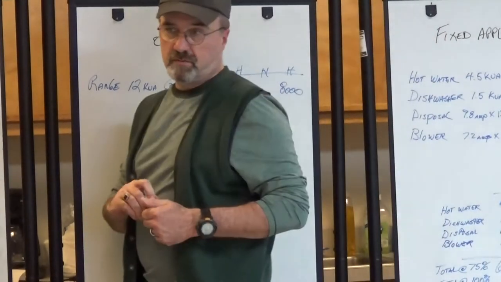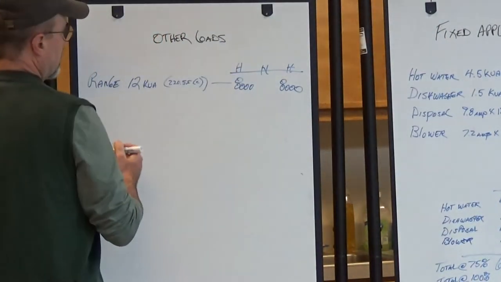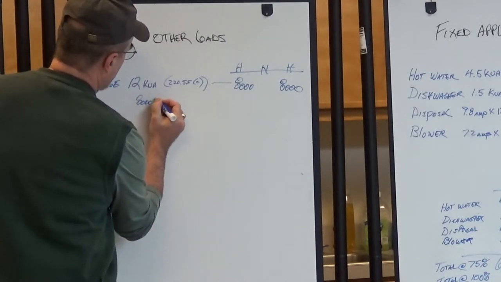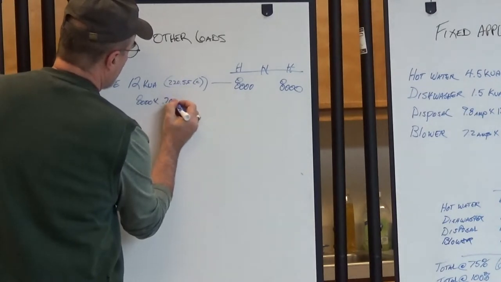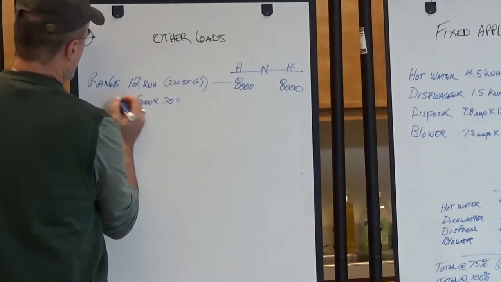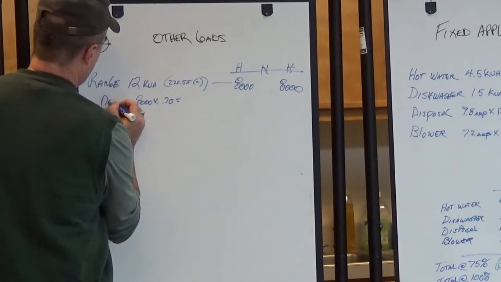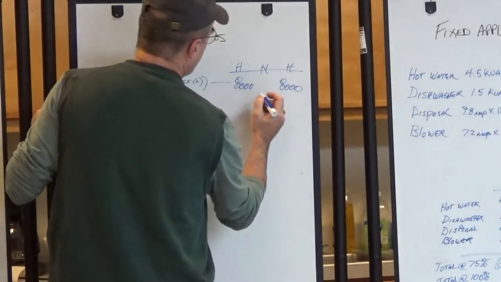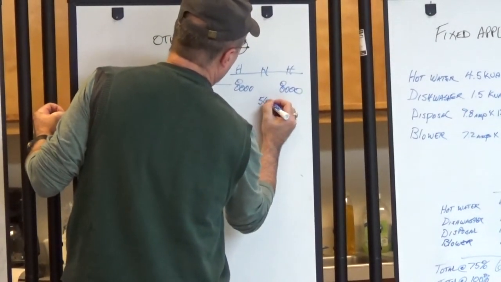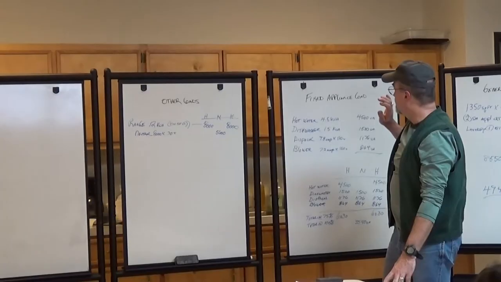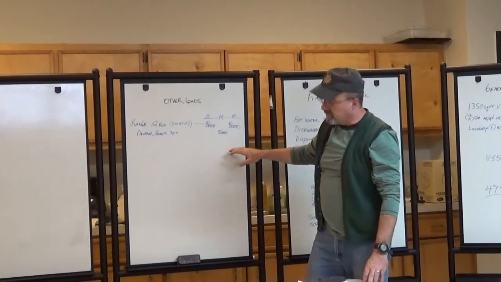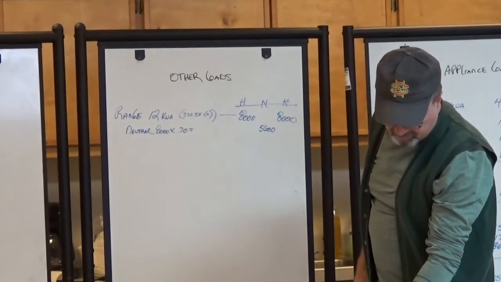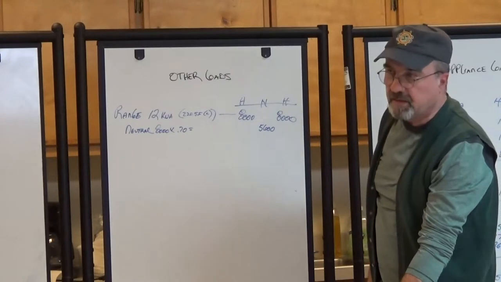So on the neutral, this is for the neutral now, we take 8,000 VA times 70%. What's that going to be? 5,600. Yes. Okay. And so, other loads, the neutral, we talked about the demand factor on the neutral, and that's for the range, that's 220.61(B).